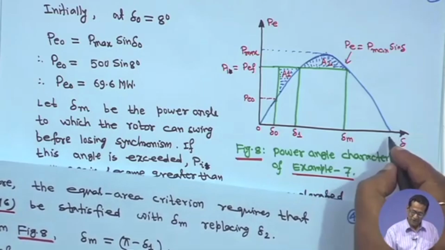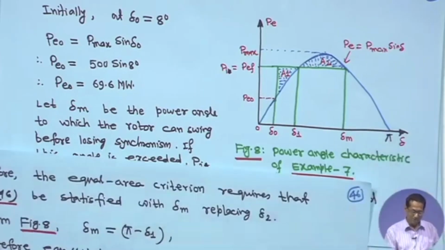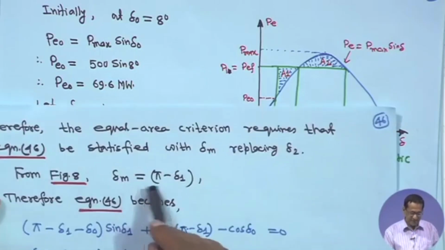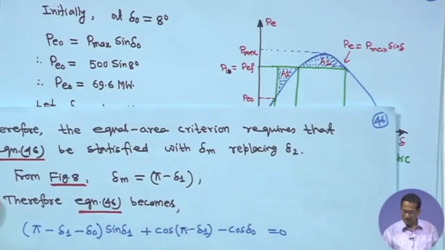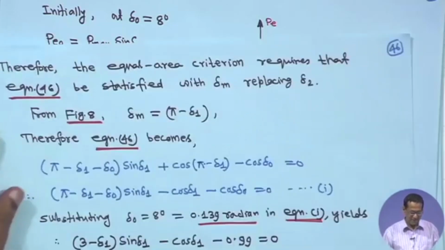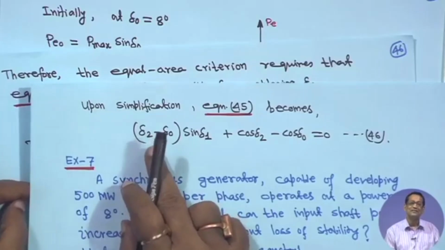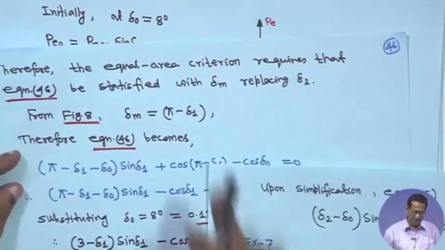So, delta m is equal to pi minus delta 1, which means in this equation delta 2 is equal to delta m, which is equal to pi minus delta 1.